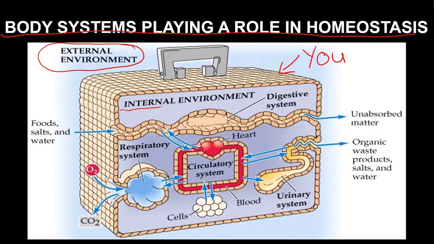And what's inside the suitcase is what is inside you, and we call that the internal environment. In other words, the substances that are inside you, the substances that surround the cells.